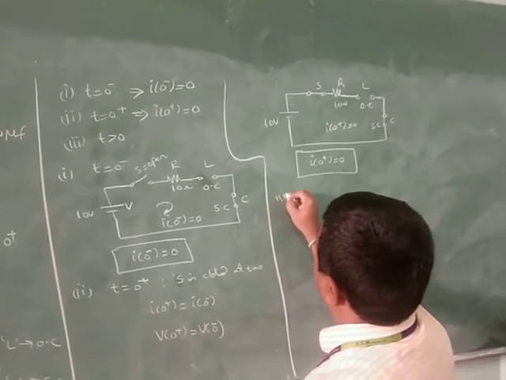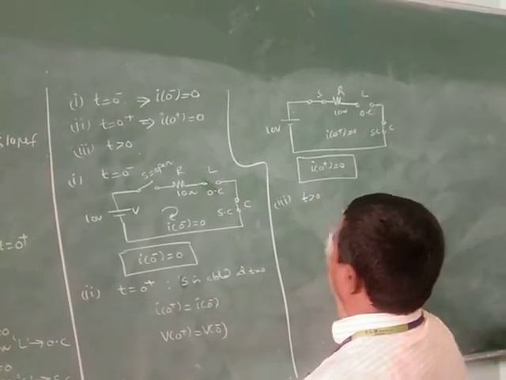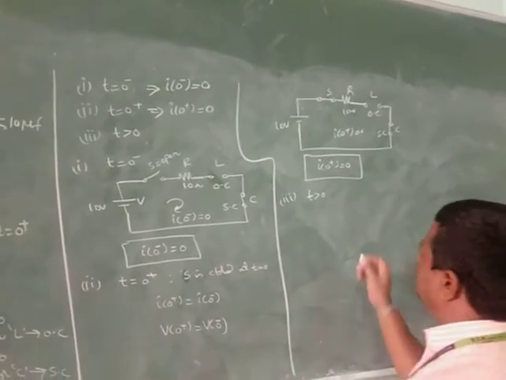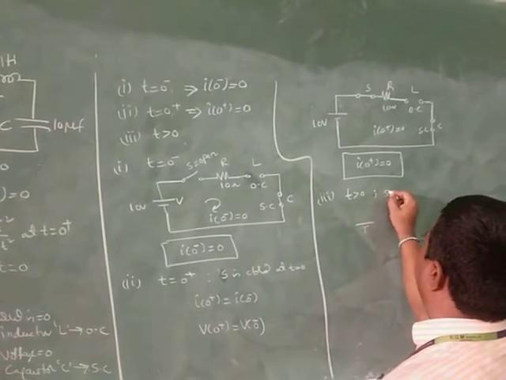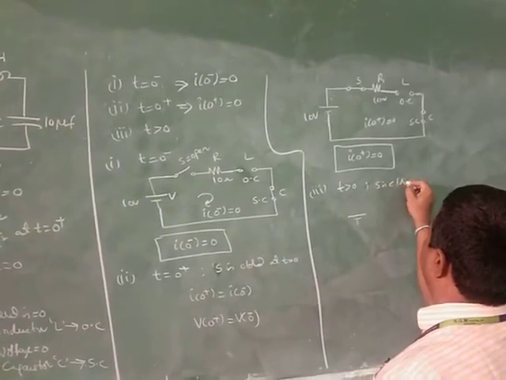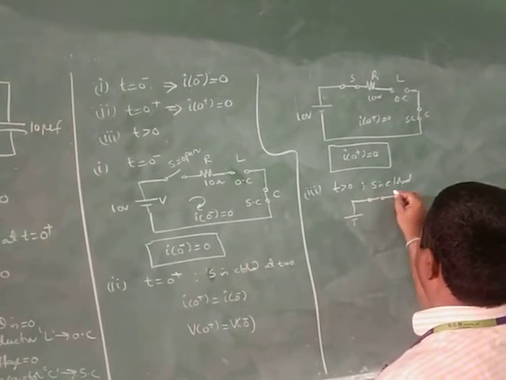And coming to the third case, t greater than 0. Draw the circuit; again the switch is closed.